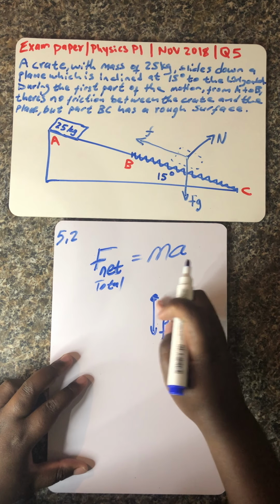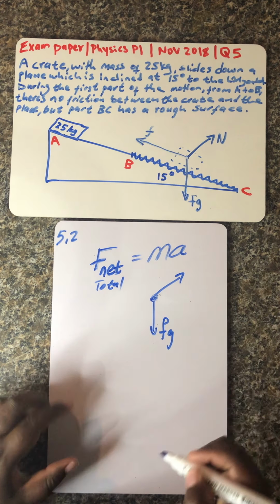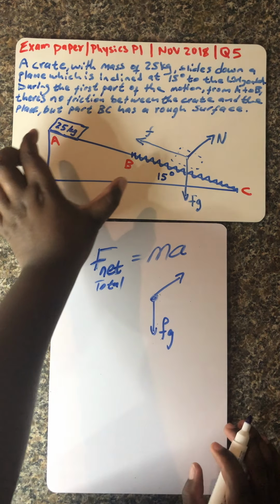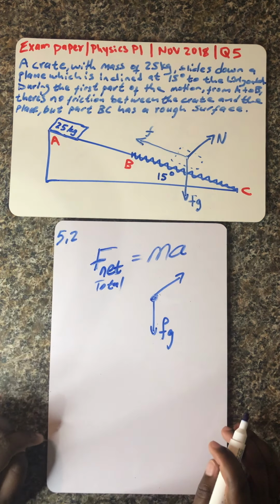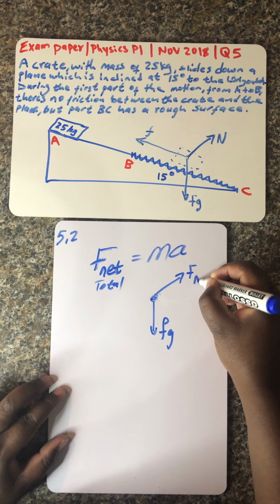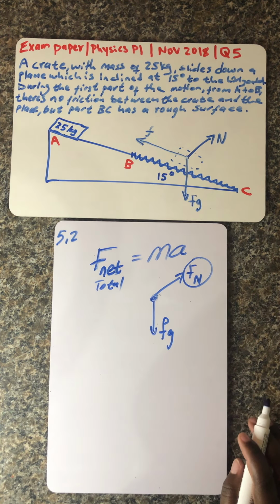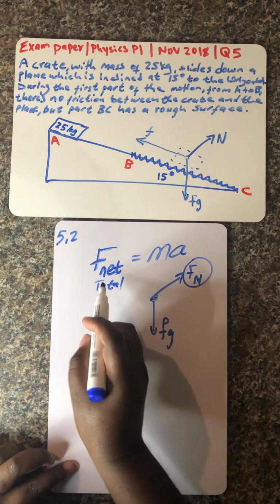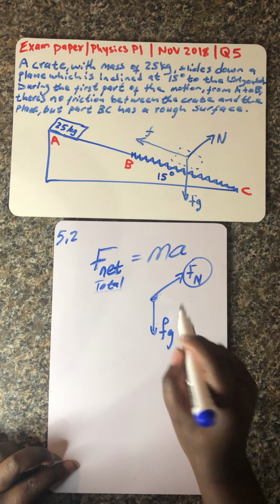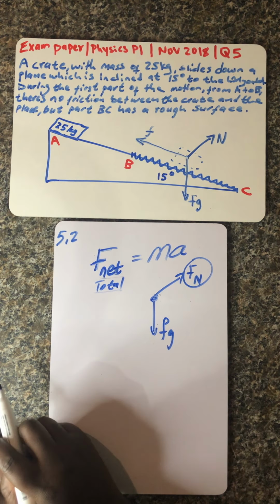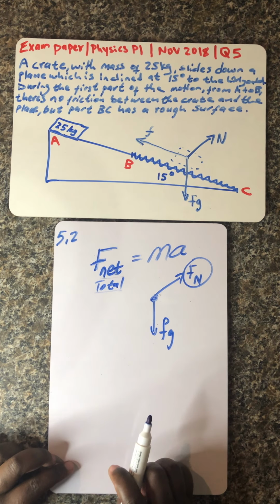So guys, it's exactly what I've done on the first question, where we did a free body diagram of this object while it's still between A and B. Okay, so remember, force normal is never included in that formula. So that means, guys, when we say force net or force total, we are talking about all the forces acting on that object when it's between A and B, as the question says.